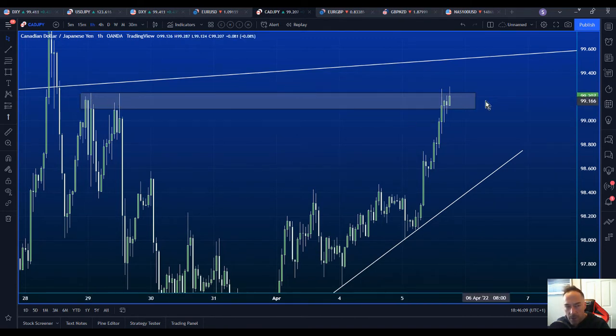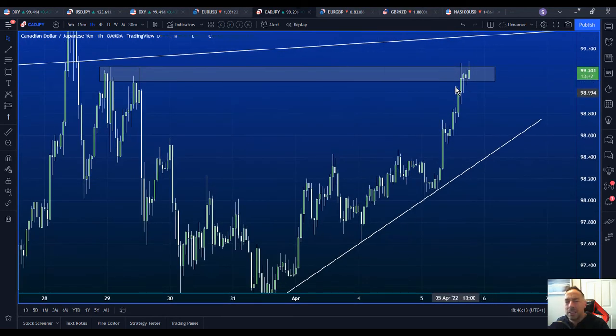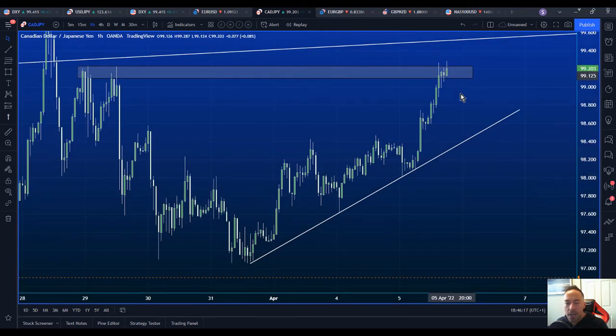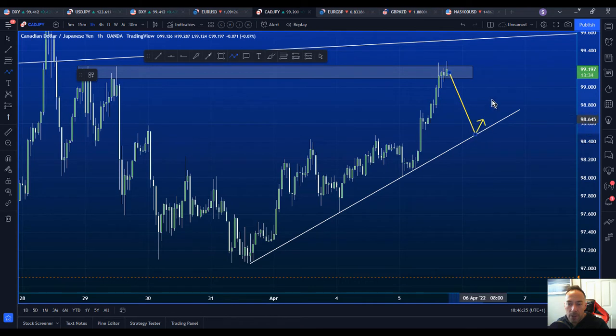So this is interesting. If we do start to see this roll over here, then we could potentially start to sell it at least towards this trend line. Obviously then, depending on what happens, price could bounce. We don't know. Or it could break down. We could look for a pullback and look for a short if that's what you want to do.